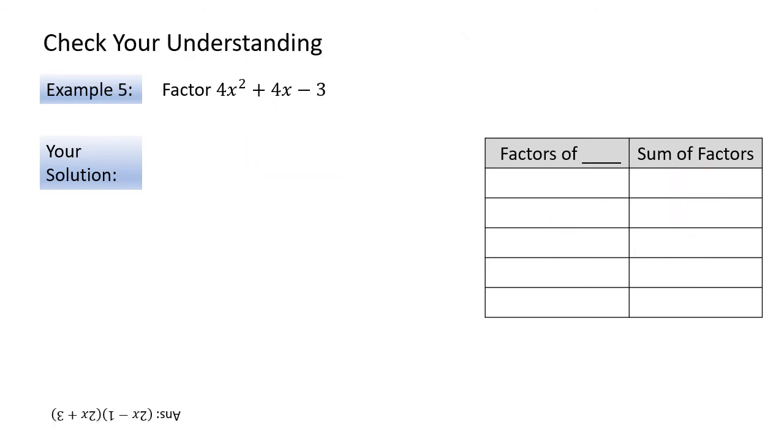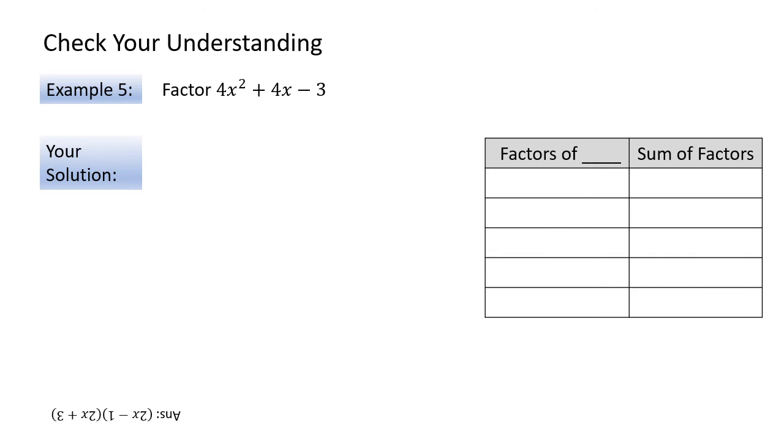Our second example is factor 4x squared plus 4x minus 3. So the first thing to note here is, yeah, the number behind the x term is not 1, it's 4. And you see a 4 here and a 4 here, so you think, oh, maybe I can factor. Well, you can't, because you have a 3 at the end here, right? So you can't factor that 4 out of all the terms.